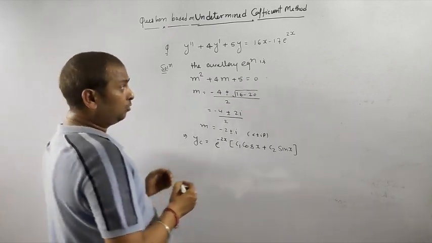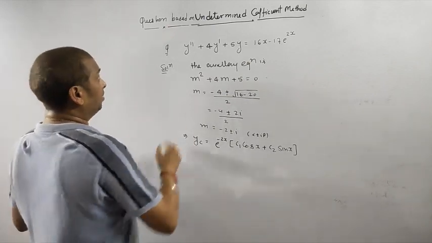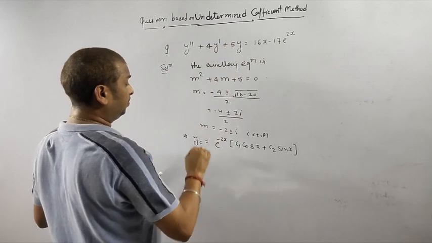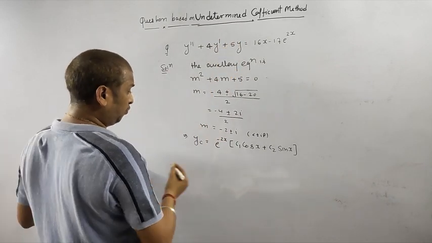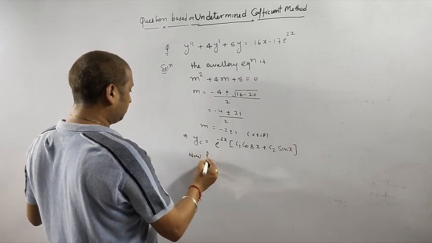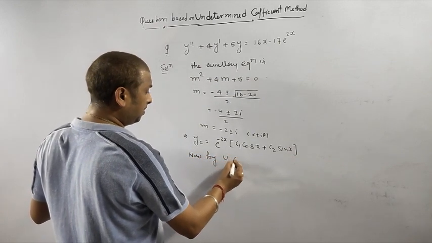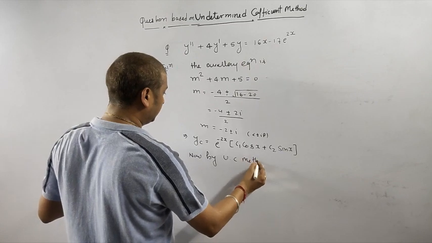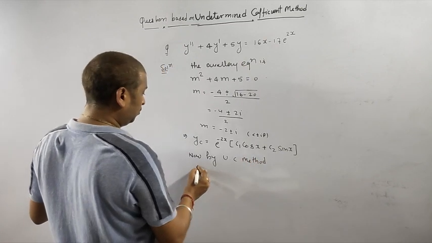Now we are going to write the yp part. That is very important because the undetermined coefficient method will come into the picture in this yp. Now by the undetermined coefficient method, what is yp?